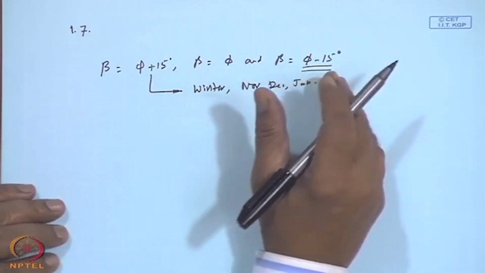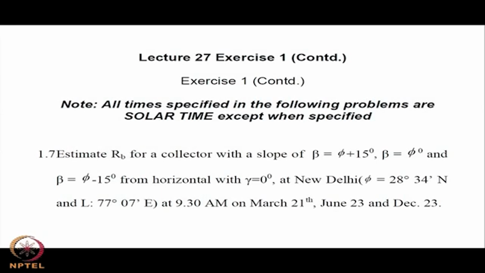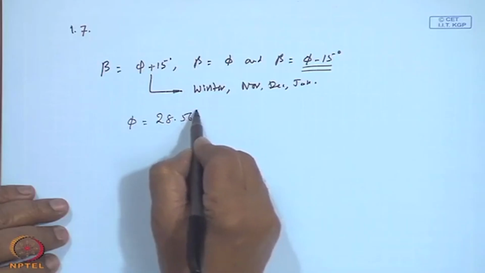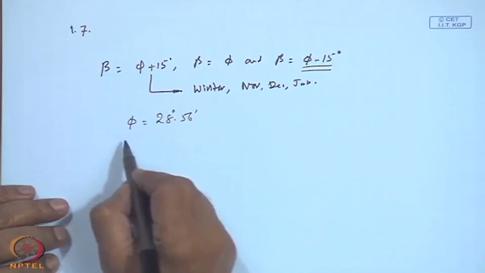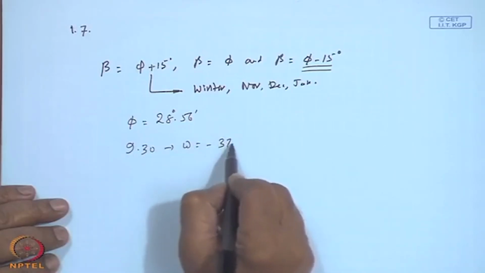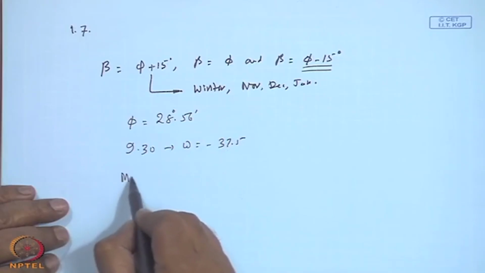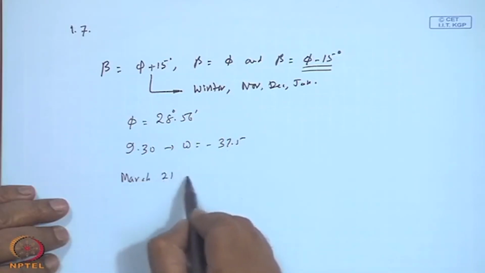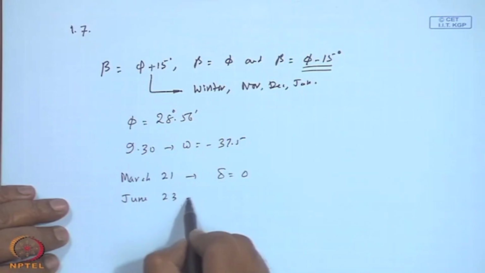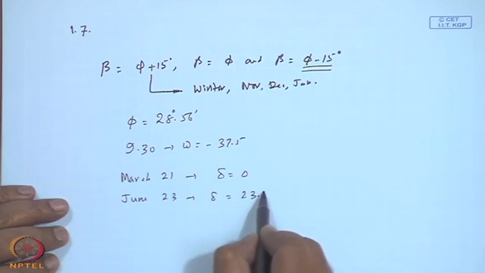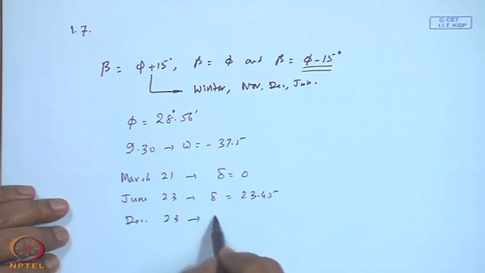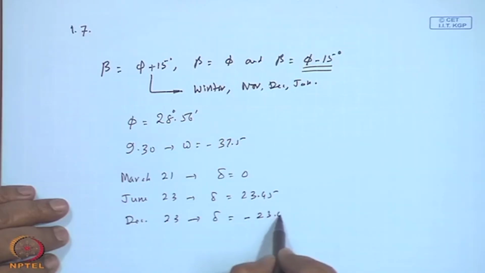Which we shall calculate a little later, and it is given for Delhi phi as 28.56 degrees I think, and time 9:30 corresponds to omega of minus 37.5, and March dates are plus or minus, does not matter, delta is 0, and June delta is positive 23.45, and December 23 you have declination of minus 23.45.